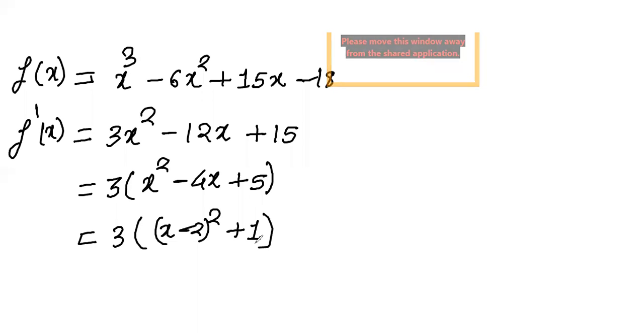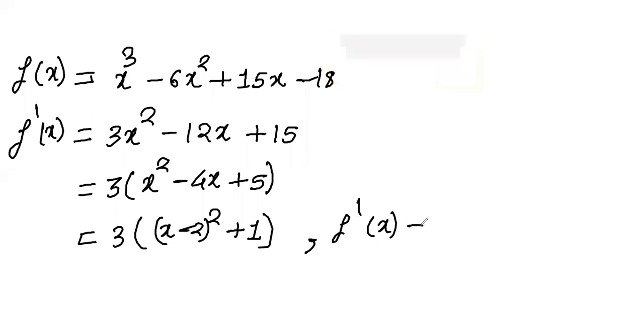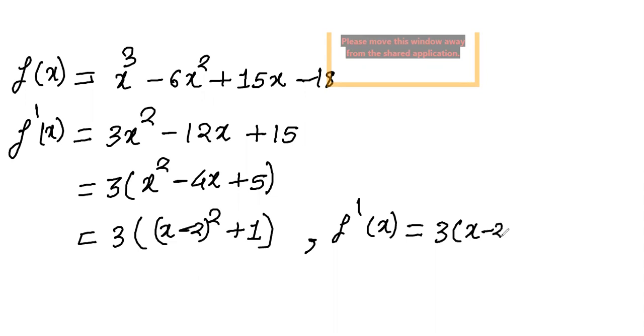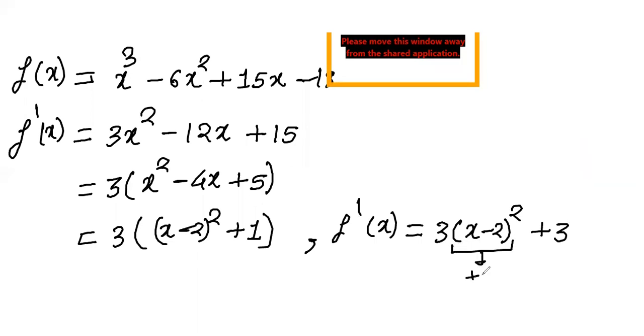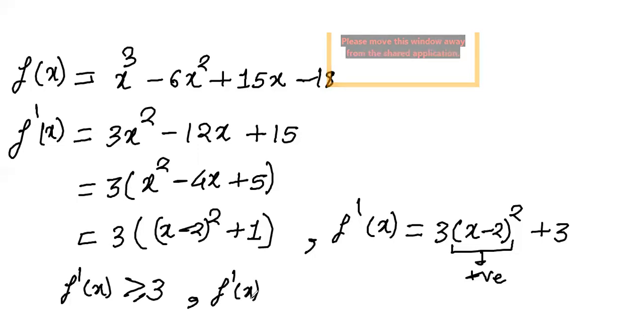Okay. So as f dash x is 3 into x minus 2 whole square plus 3. As the square of anything is always positive, we can say f dash x is always greater than or equal to 3. Which means f dash x is always greater than 0.